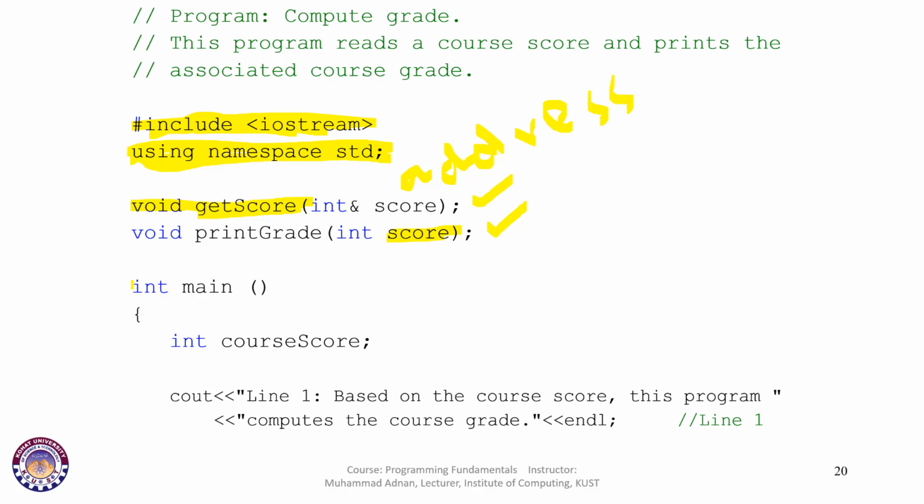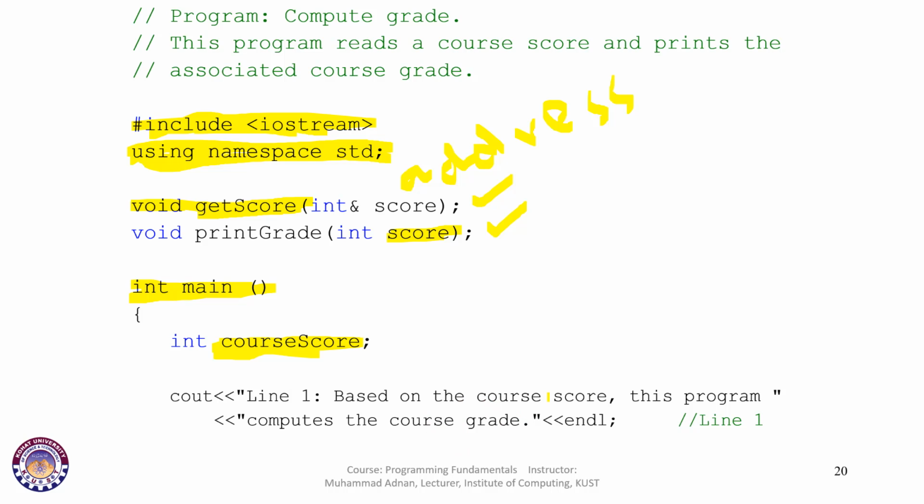After that, we start the main function. In the main function, we have a variable called course score, and we are going to allow the user to enter the course score. So we are displaying a message, line number 1: based on the course score, this program computes the course grade.